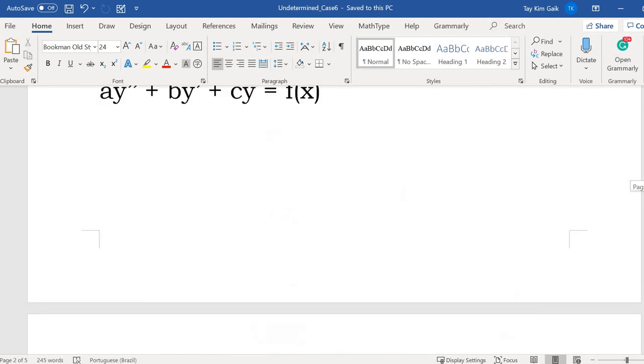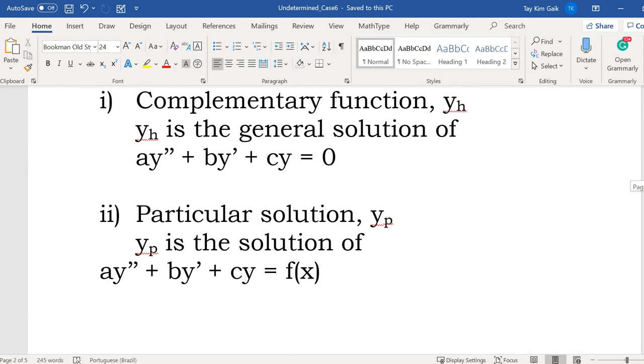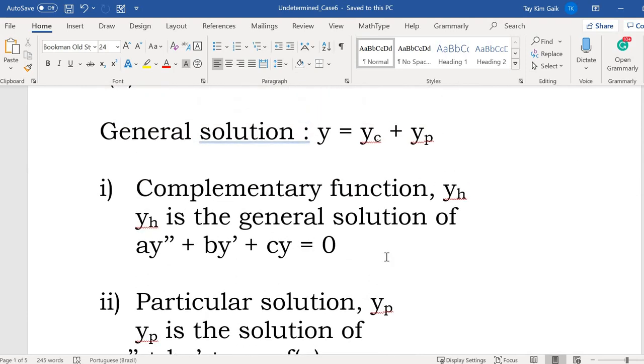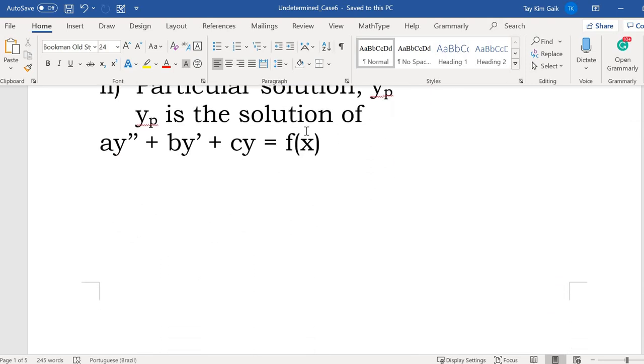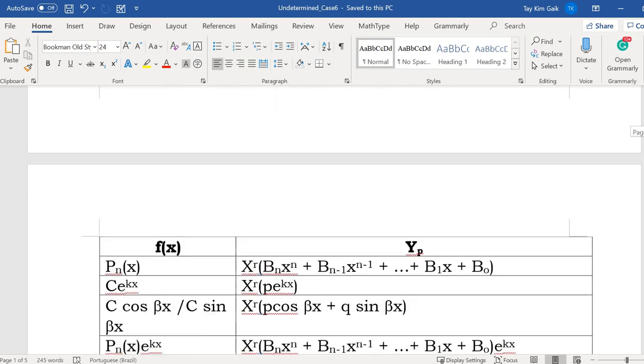Okay, as you know, the solution for the non-homogeneous equation is yc plus yp. Yc is the general solution for the homogeneous equation. Yp, we solve using undetermined coefficients, where we choose yp based on the form of f(x).